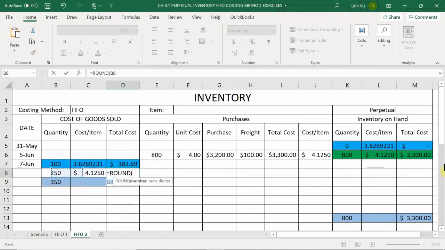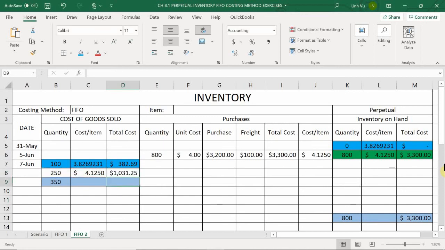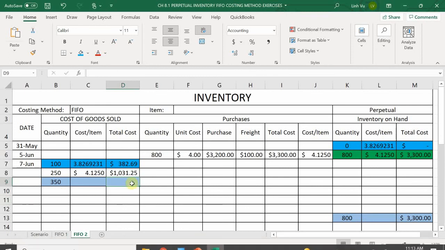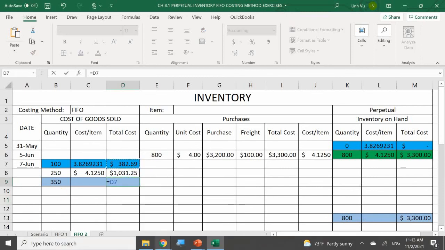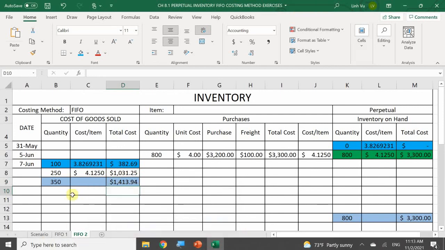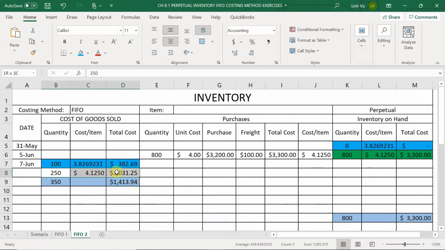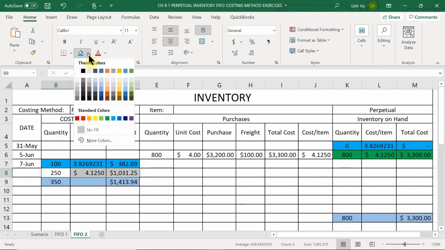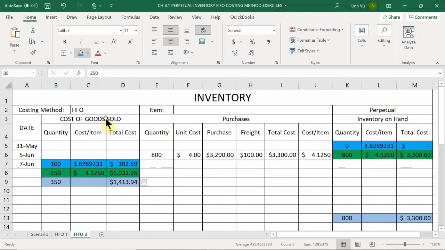So how much is it going to cost me to sell 250 units at $4.125? 1,031.25. Good. If I add these two numbers together, it should give you a grand total of $1,413.94. So once again, this is from my green batch of inventory.